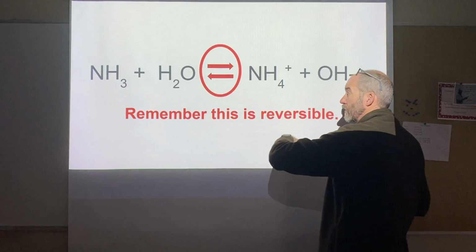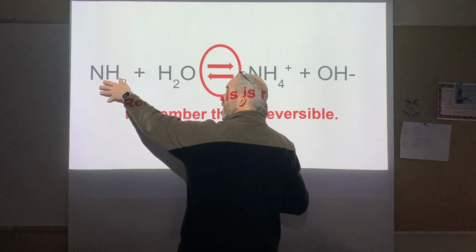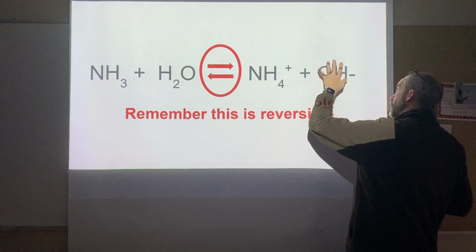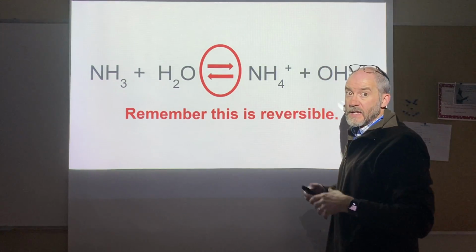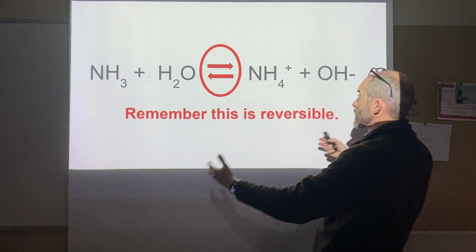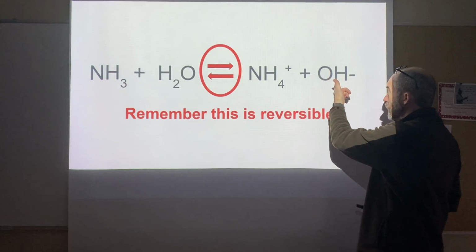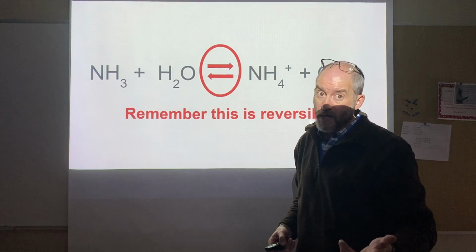All right, this particular reaction, we were putting ammonia gas in water, and we were getting the ammonium ion, and we were getting hydroxide. So when you look at this as just a summary type equation, you can tell that because we're getting this, we have a base.